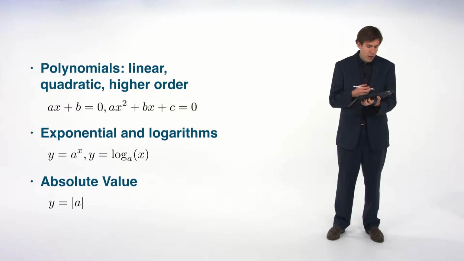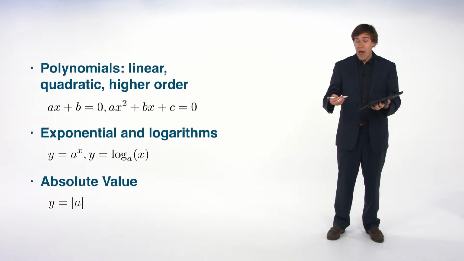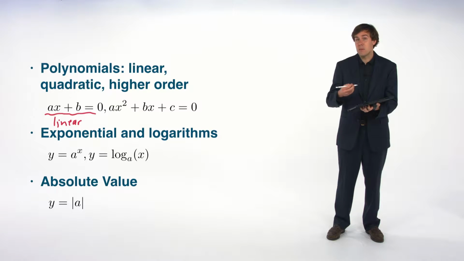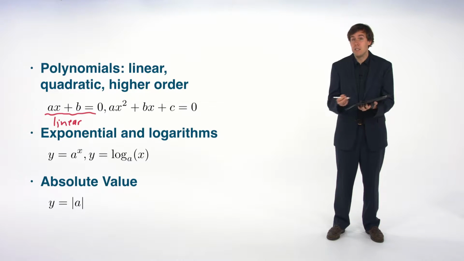So when I say a polynomial, I mean powers of x, and we will focus on the first order case, or linear polynomials. These look like ax plus b equals 0 for some constants a and b.